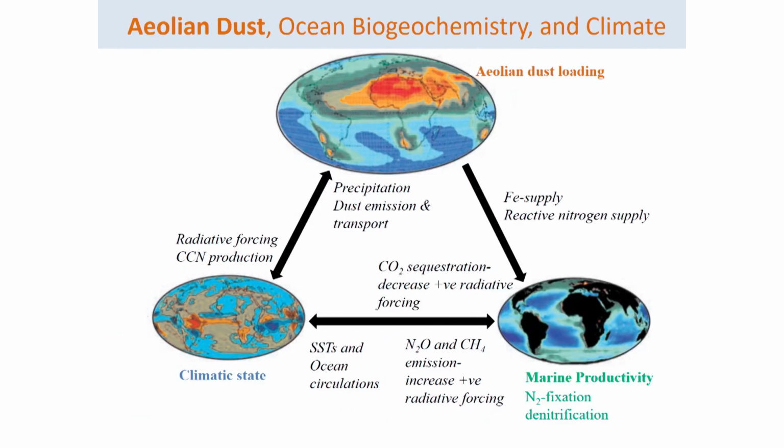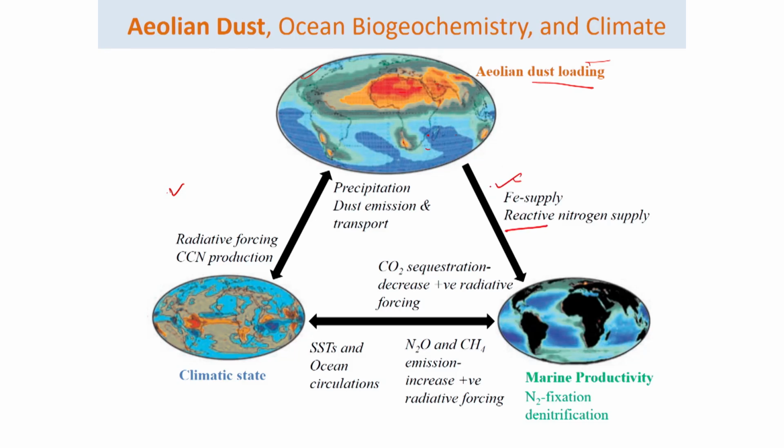So to summarize, aeolian dust, ocean biogeochemistry and climate are interlinked. You have aeolian dust loading. You see the red one is containing lots of dust. These are the areas where the dust is higher, other places dust is not high. This supplies iron and reactive nitrogen.